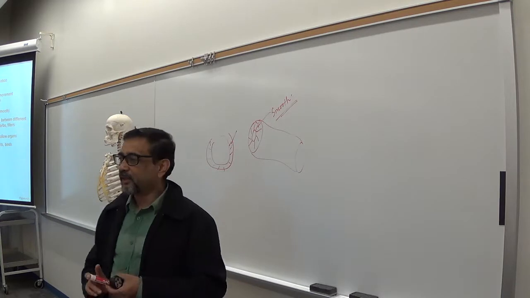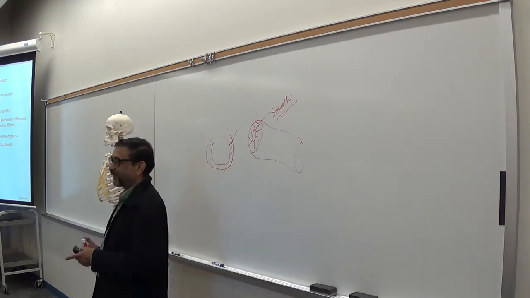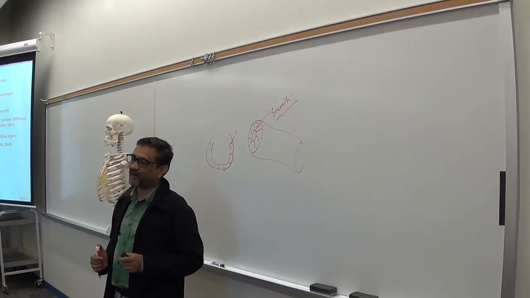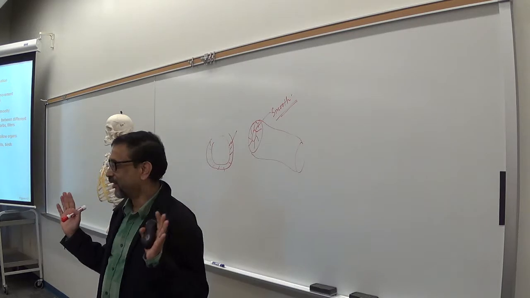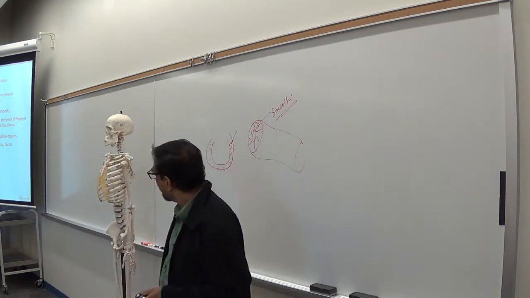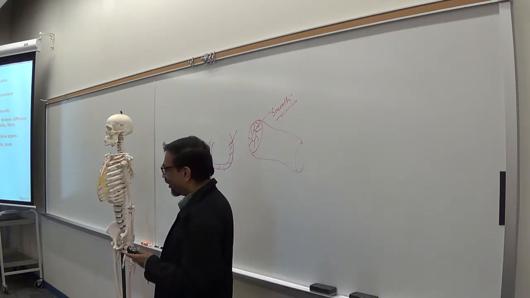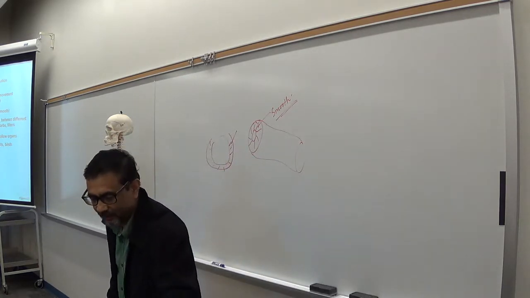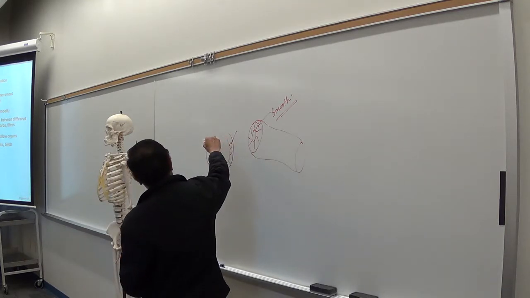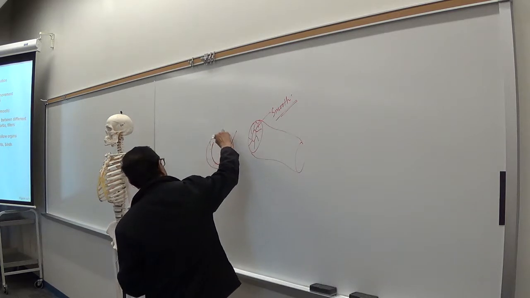Then the cardiac muscle is only present in the heart, wall of the heart. Makes sense? Highly specialized. Only in the heart. Okay. Then epithelial tissue. Epithelial tissue is present in the inner lining of tube-like and hollow organs.